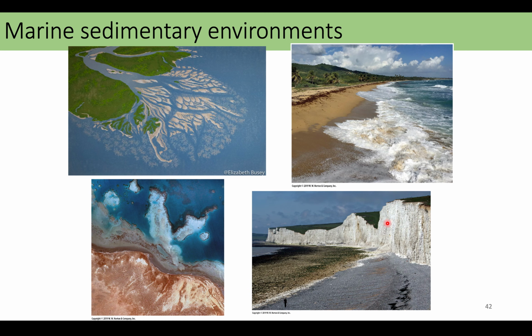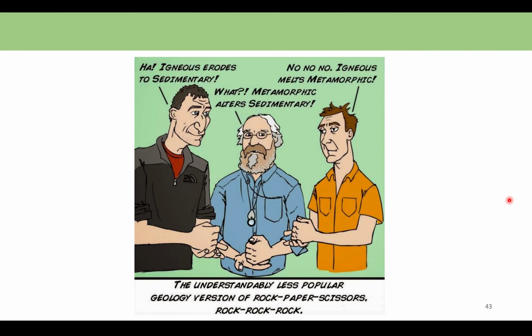Here's a beach, here is a cliffside here. Many different sedimentary environments where these sedimentary rocks could potentially be formed, either marine or terrestrial. But looking at the samples, you should be able to tell, or hopefully you will be able to tell a lot about the history of how and why and where that rock was formed.